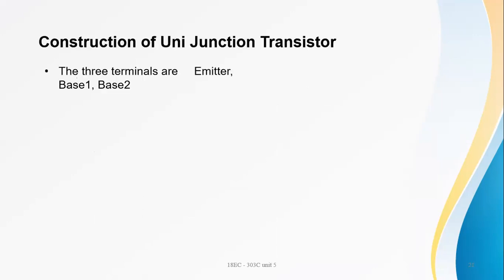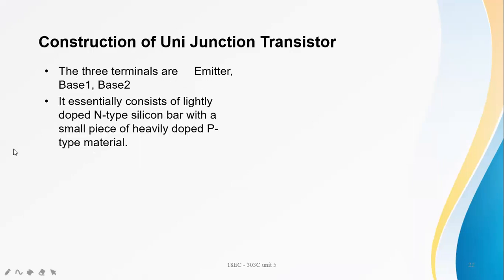Construction of UJT. The three terminals of this UJT are emitter, base 1 and base 2. It essentially consists of a lightly doped N-type silicon bar with a small piece of heavily doped P-type material.